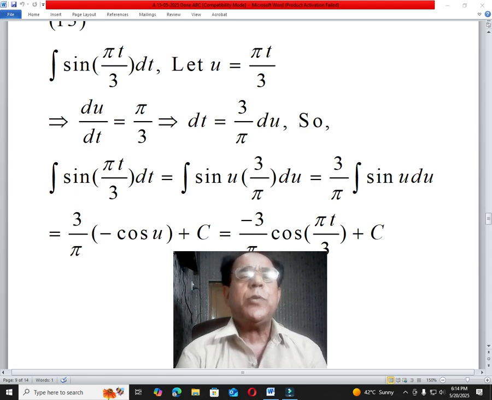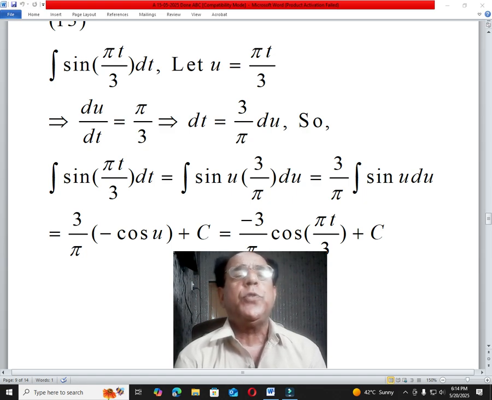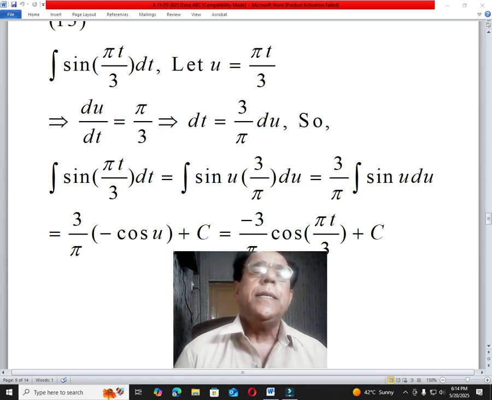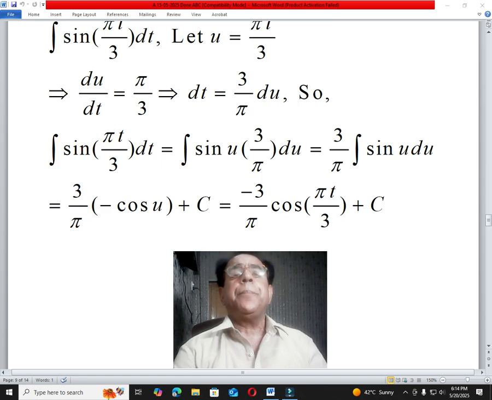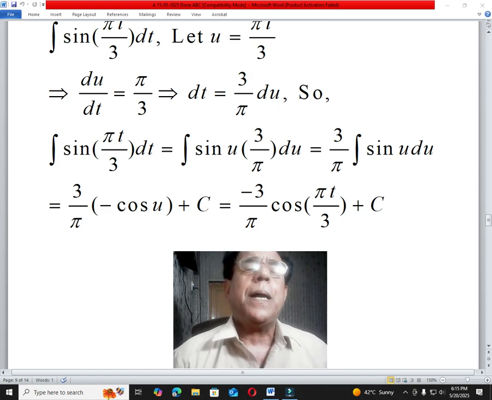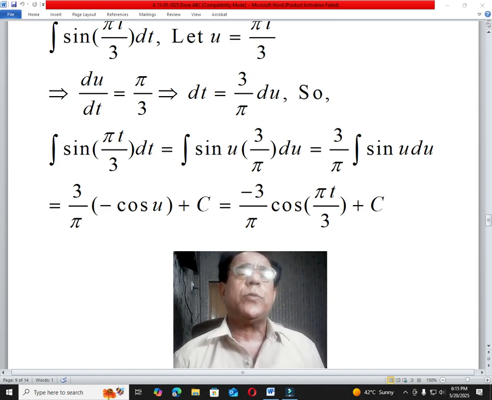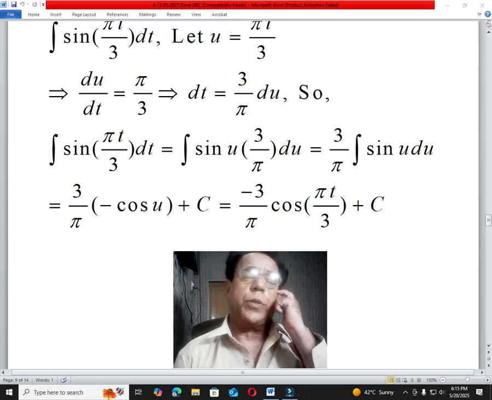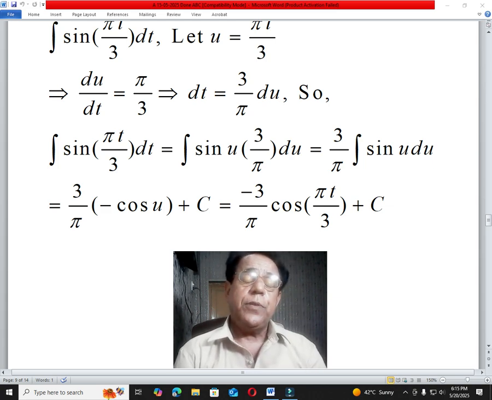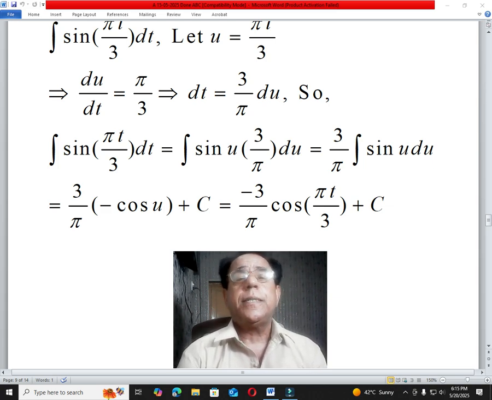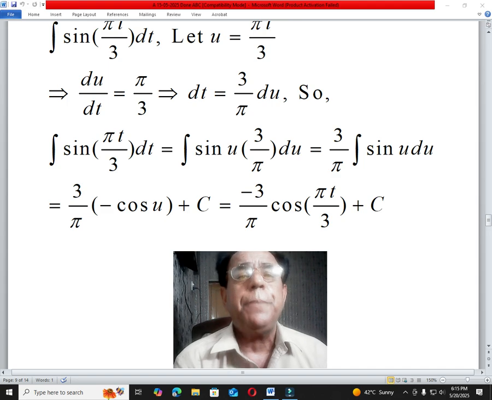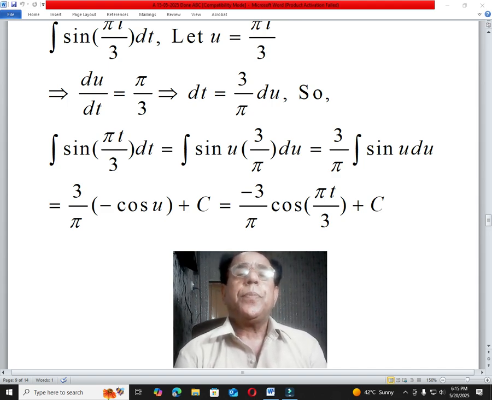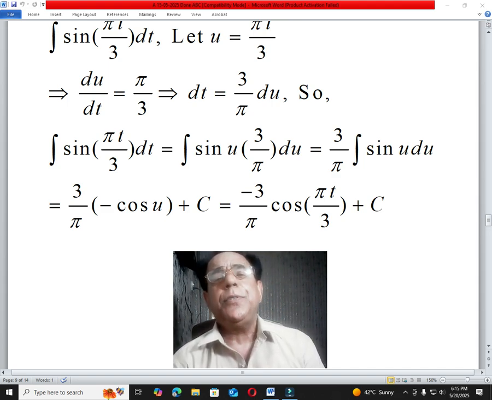In place of dt we have used its alternate value in terms of u, that is 3 by pi du. Here, dear students, 3 by pi are both constants, so this constant factor will be taken out and written prior to sign of integration, and our next step will be 3 by pi integral sine u du.